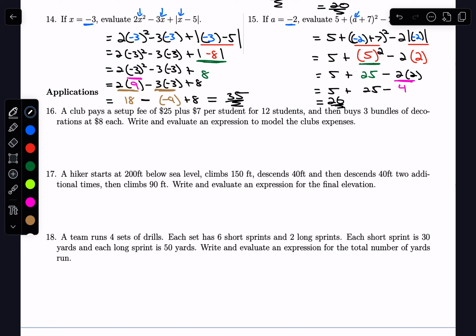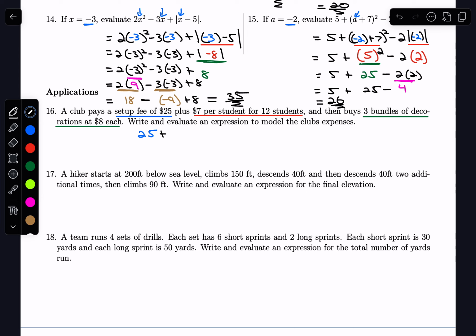So we have a few things going on here. We have a setup fee of $25. We have $7 per student for 12 students. And then we have 3 bundles of decorations that are $8 each. So we need to then add together each of these expenses. So that original setup fee of $25 will go first.